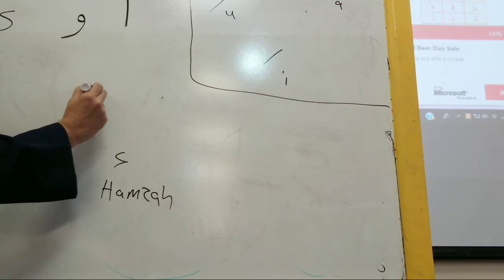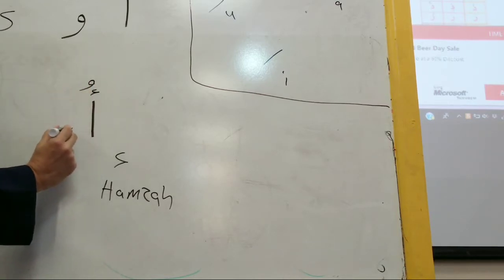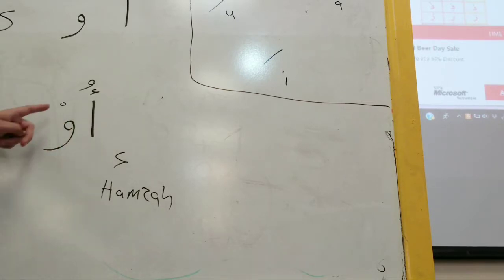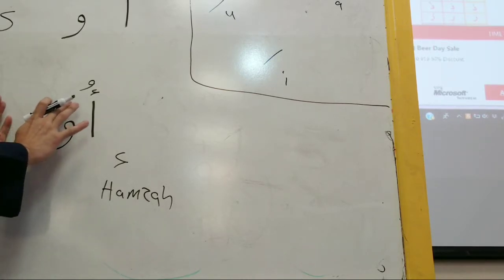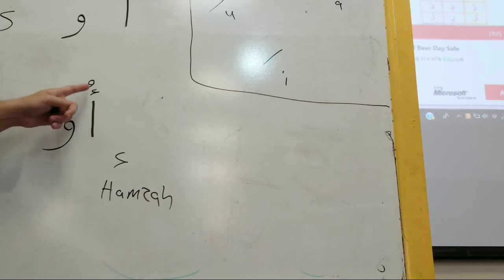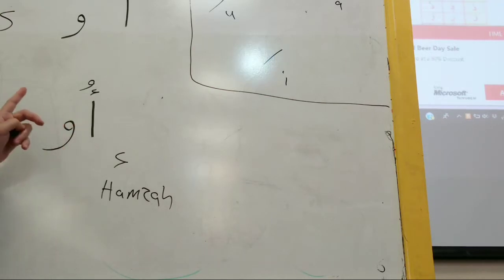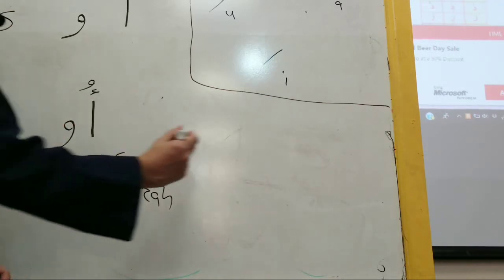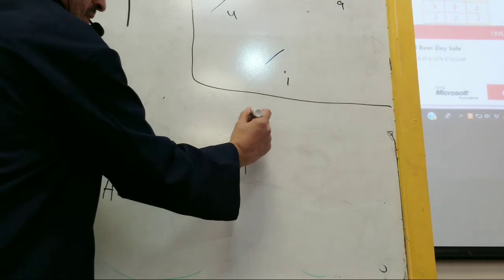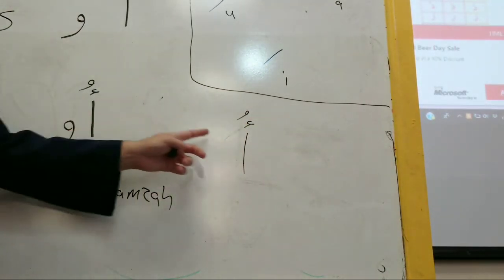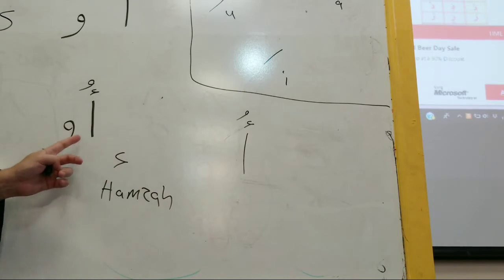If you have this here like this, and a waw, and this one has sukun, or has no vowel. That means that this is u plus u, which is longer. Okay? Oo, oo.